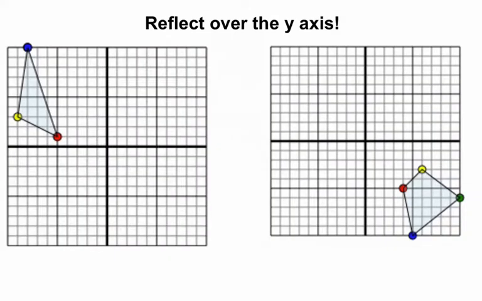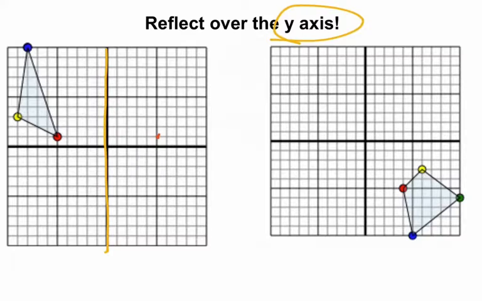Okay, on these examples, we're going to reflect over the y-axis. So I'm going to draw the line straight down the y-axis. And I'm going to start with this red point down at the bottom. It is 1, 2, 3, 4, 5 points away. So I'm going to move it 5 points away on the other side. And then the yellow point was 5, 6, 7, 8, 9 points away.